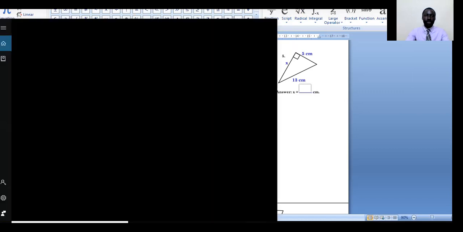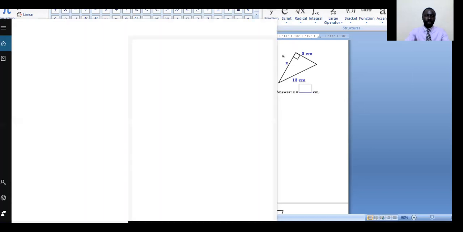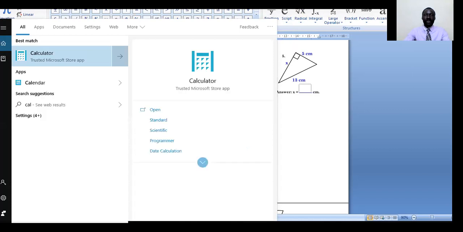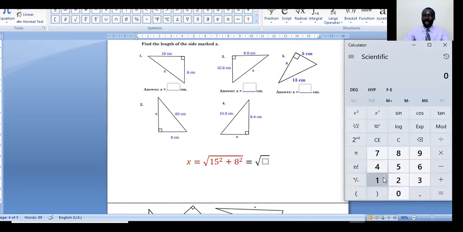Right, so our calculator has come. What we would like to find is 15 squared, then we will add this to 8 squared. 15 squared plus 8 squared, what do we get for that?